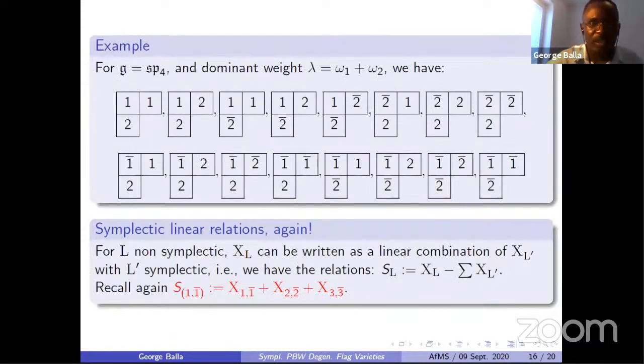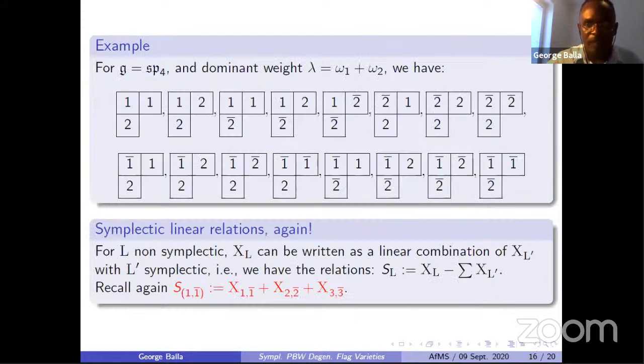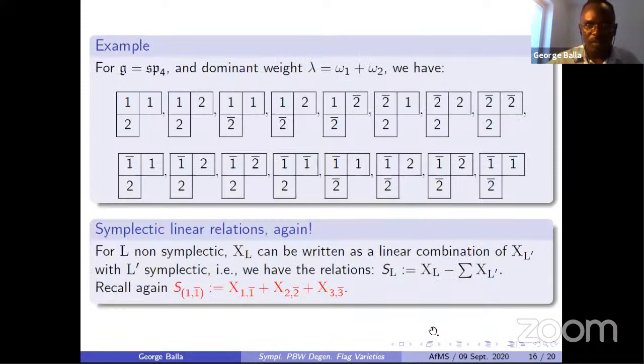And these relations were defined by De Concini in this paper, which we saw before in 79, but in a different way and different notation, which I have avoided talking about in this talk. Now, what is apparent about these relations is that they are compatible with PBW degree in such a way that the PBW degree of the term corresponding to a non-symplectic sequence will be among the lowest, and the others will have a degree greater or equal to this one.